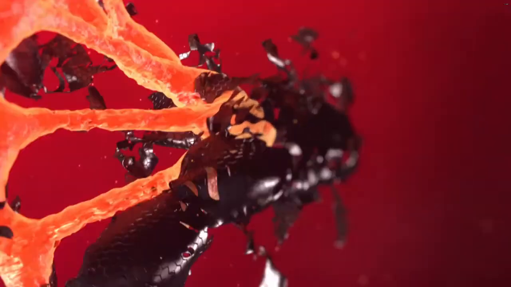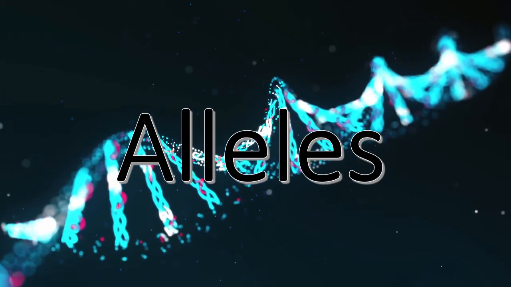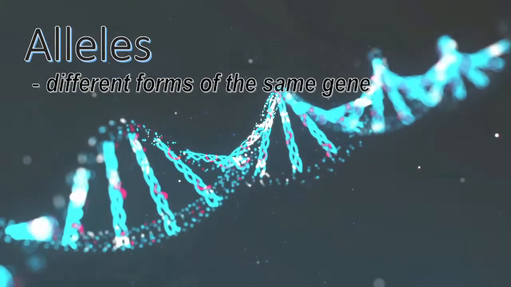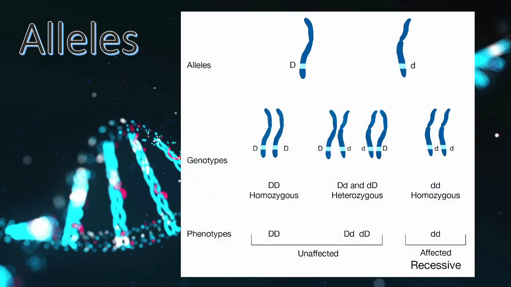Going forward, we need to also understand alleles. Alleles are different forms of the same gene. So for example, you have these alleles here, the capital D and small d. And the genotype would be the combination of the alleles, different types of combinations.